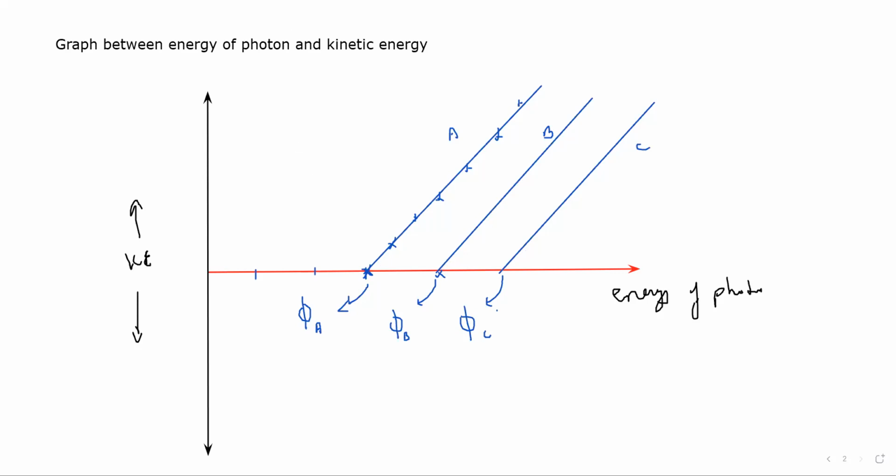Same thing, we can also plot a graph between the frequency of a photon and kinetic energy, which is more useful. The shape will be the same. Why is the frequency graph more useful?